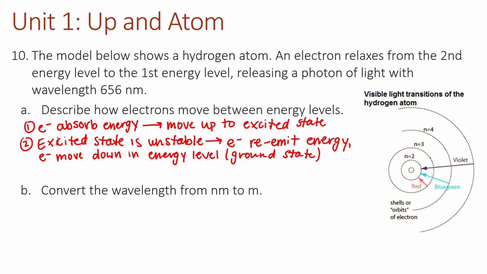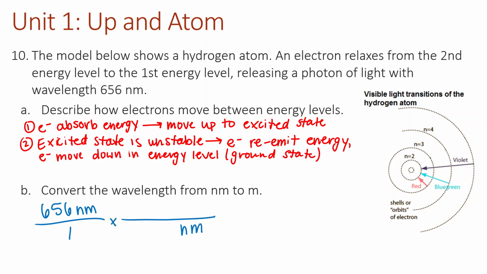So we want to convert the wavelength of the photon of light that was given off during this transition. The electron is relaxing from the 2nd energy level down to the 1st energy level. It releases a photon of light with a wavelength of 656 nanometers. So we want to convert this nanometer into meter.